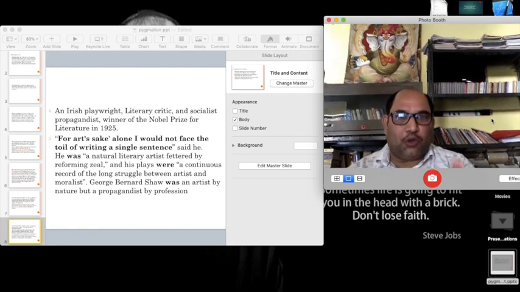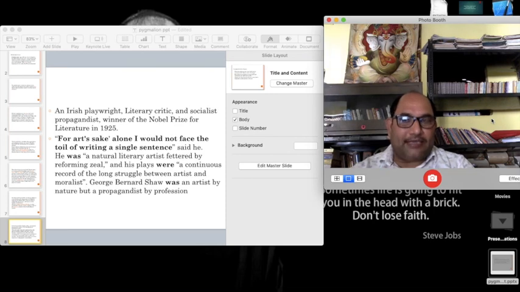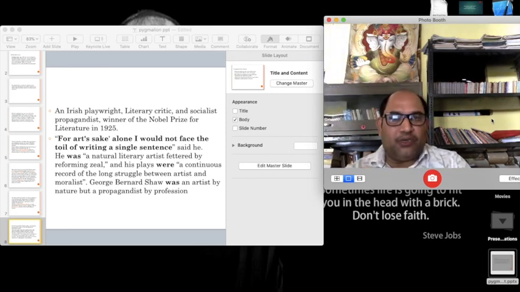I repeat the quote: for art's sake alone I would not face the toil of writing a single sentence. Look at the sentence where he emphasized the close connection between literature and society.